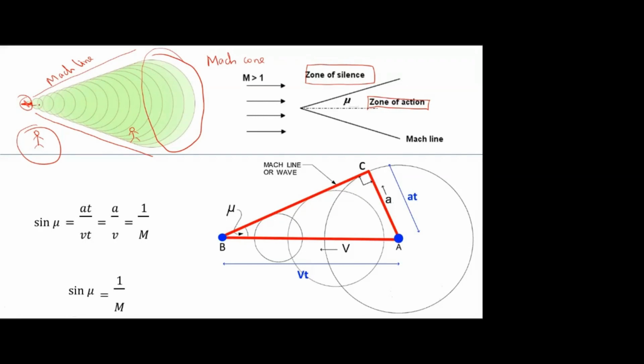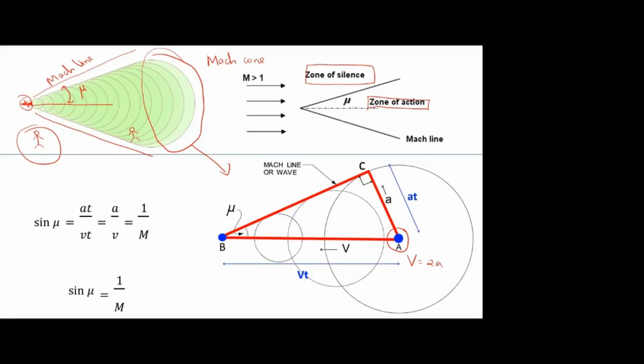This angle is called the Mach wave angle, mu. In the bottom I will explain how to find that mu. I am taking the same condition here. You can take this as a disturbed particle or an aircraft, it's up to you. I'm taking one disturbed particle moving with supersonic speed, V equal to 2a for example.